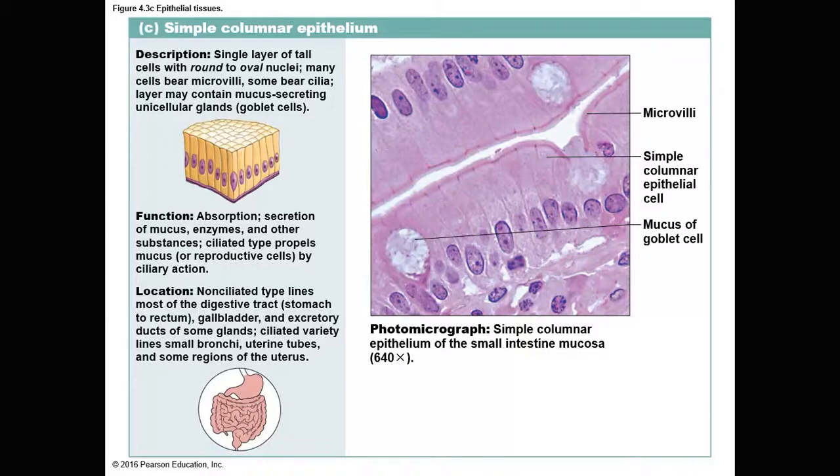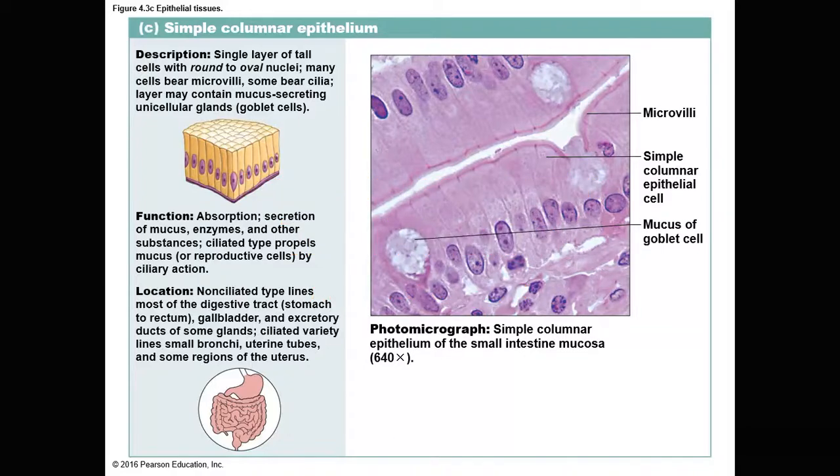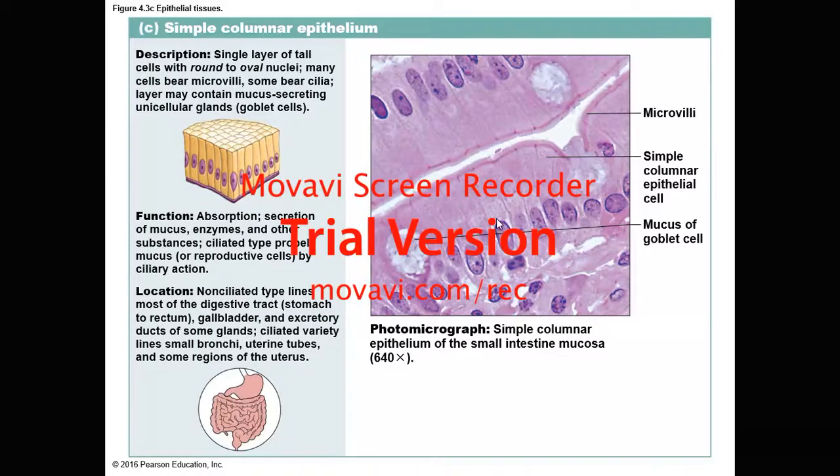The ciliated variety you find in the small bronchi, which deals with your respiratory tract, uterine tubes, and some regions of the uterus. And you also see the round to oval shaped nuclei.